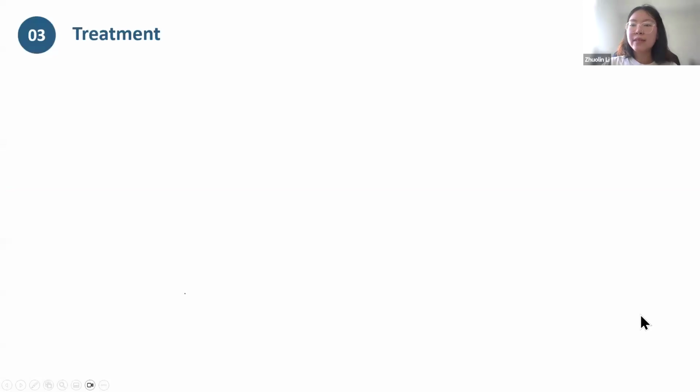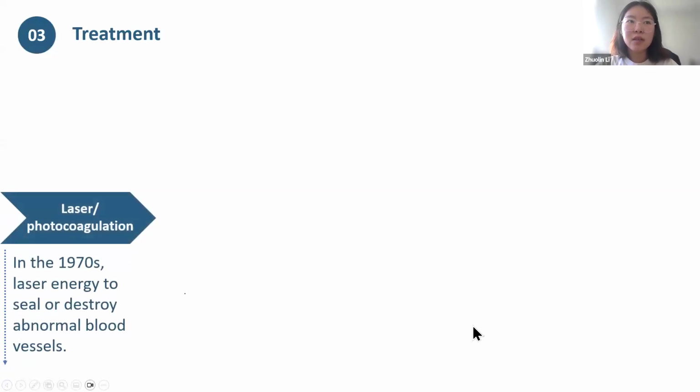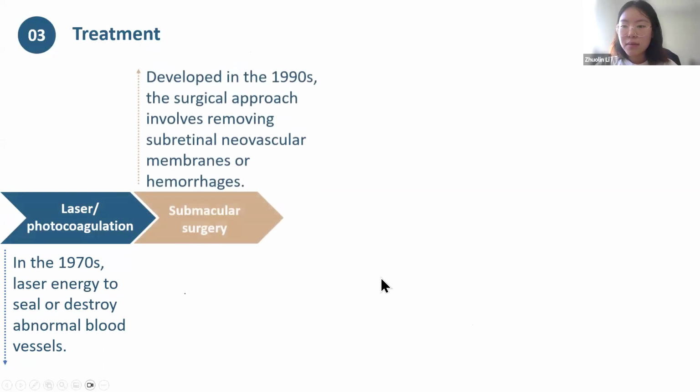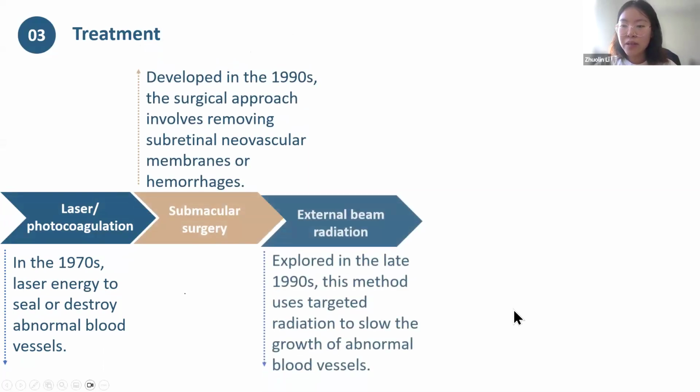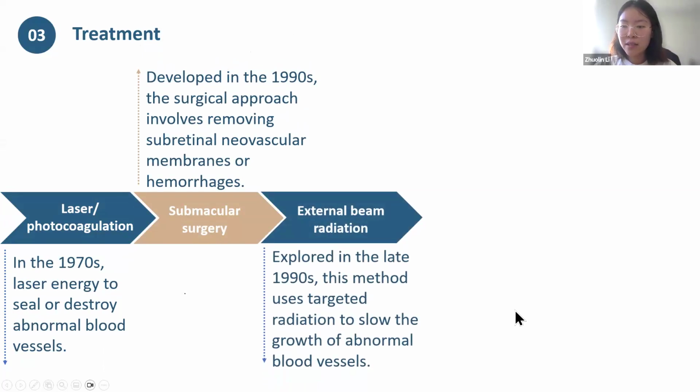So how do we treat neovascular AMD? From the last century, physicians and scientists have been dedicated to investigating effective ways to treat neovascular AMD. Beginning in the 1970s, laser photocoagulation treatment was used to seal or destroy the abnormal blood vessels. In the 1990s, submacular surgery and external beam radiation were explored as innovative approaches to manage the condition.